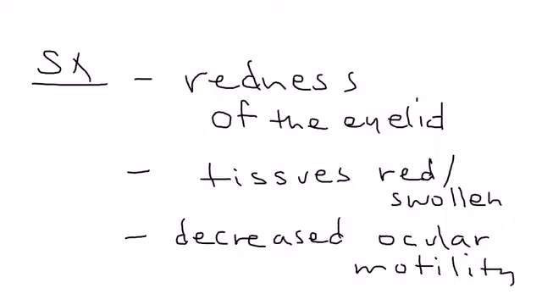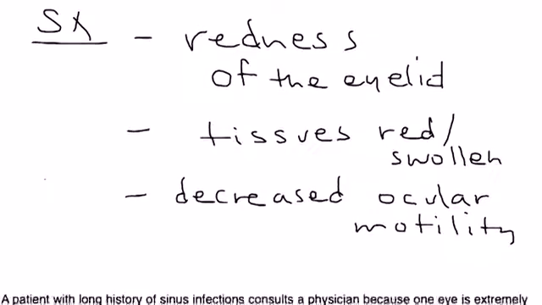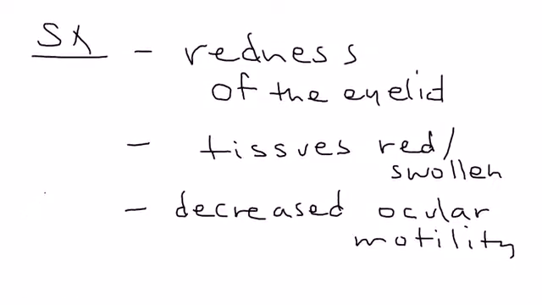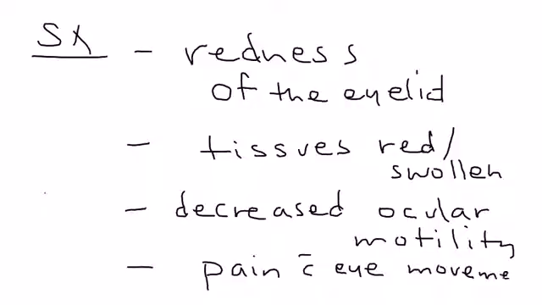As you go down this list, things get more and more severe. Another thing you'll have is eye pain, pain with eye movements. Anytime you have a clinical vignette that talks about pain with eye movements, that's pretty severe. You can also have proptosis, also known as exophthalmos, which basically means that the eye can protrude outward.